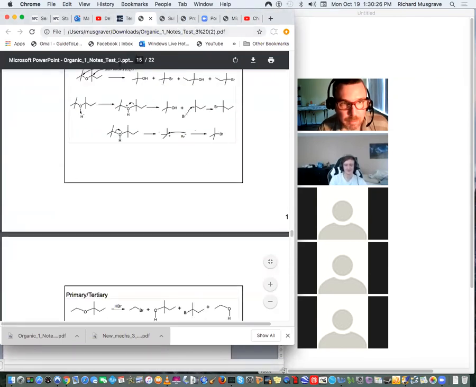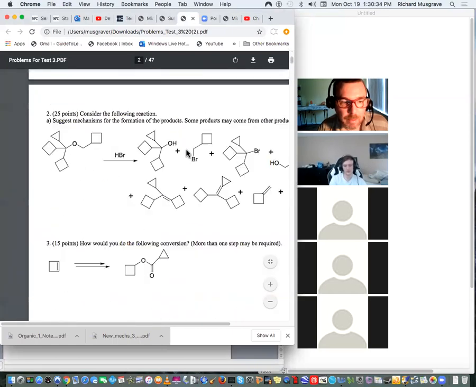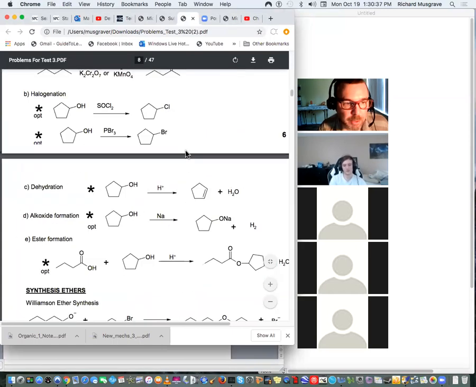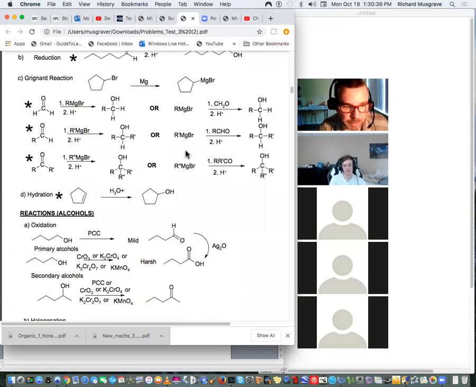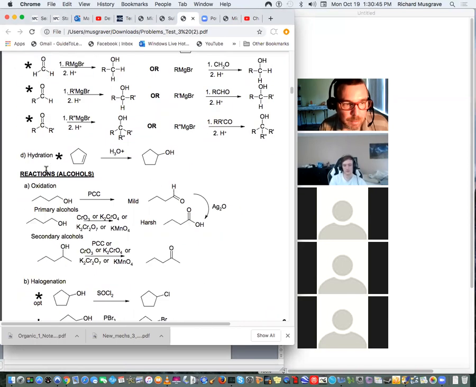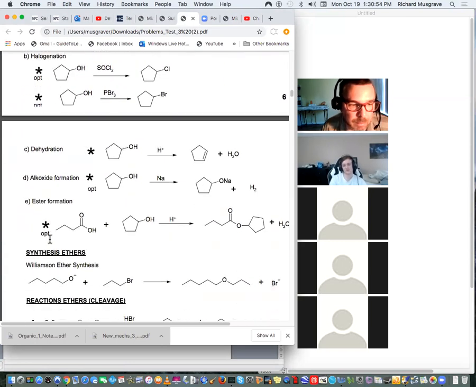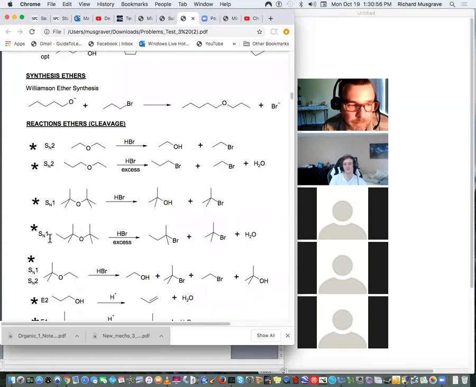Starting on page 6, I've got this reaction summary. You'll notice there's ones with stars next to them. Those are the ones I think you should know, those mechanisms. Anything with OPT next to it is optional.